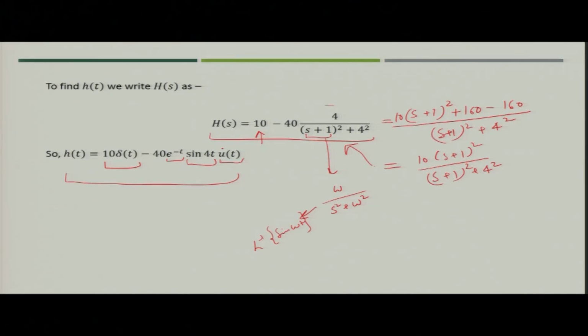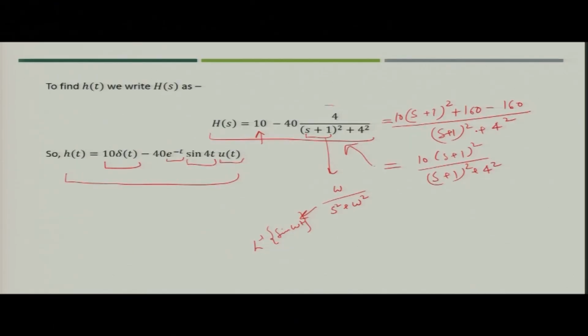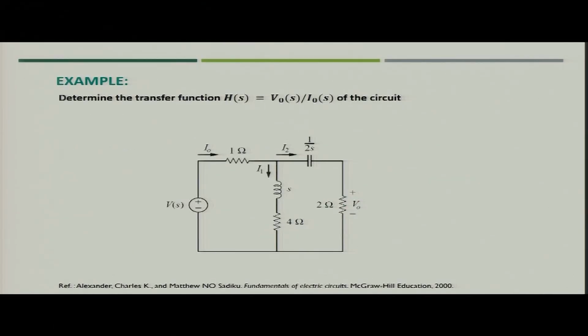So, this would be nothing but the unit impulse response of the circuit. This will help you to understand how you find the transfer function and then the unit impulse response of the system. Now, let us take another example.